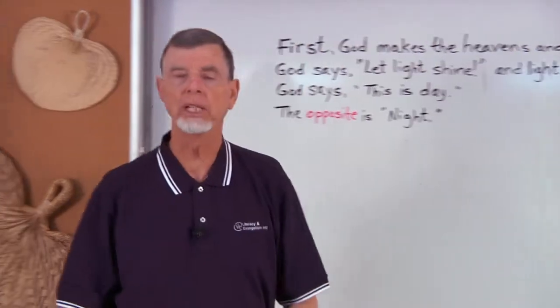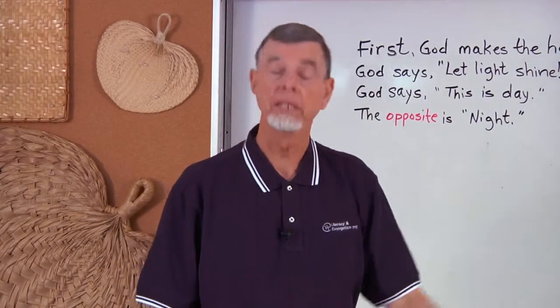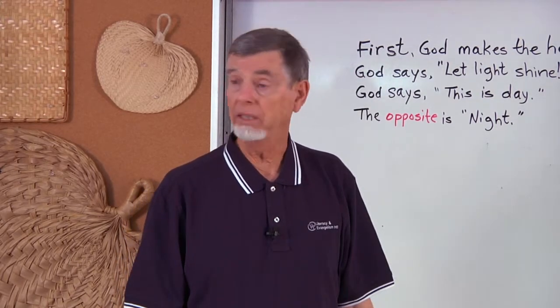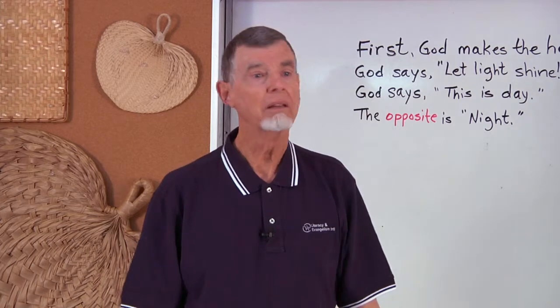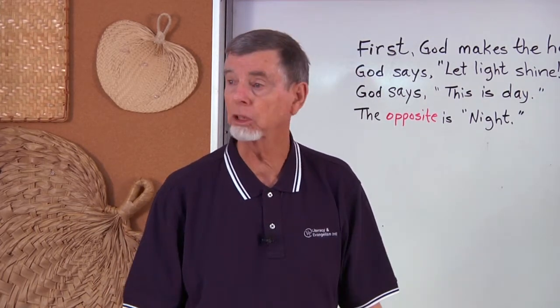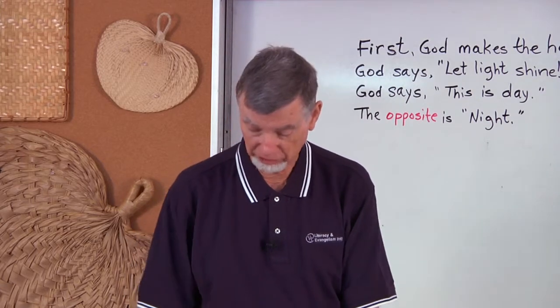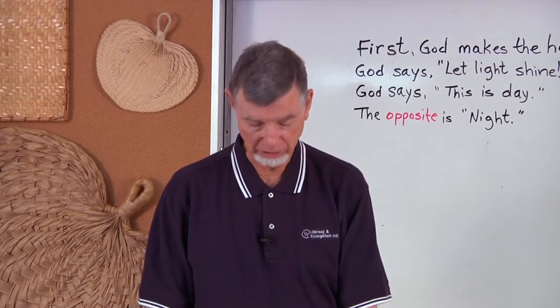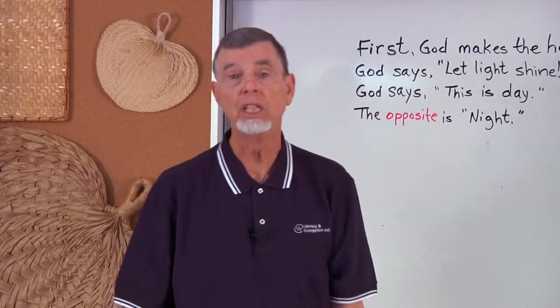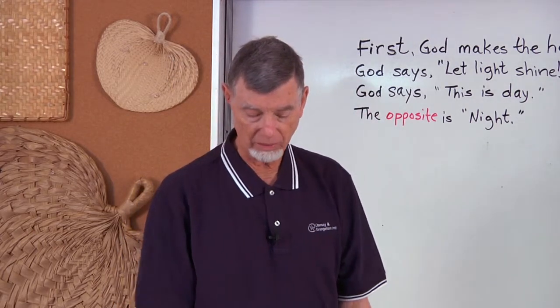And then you come back and say, okay, what does God make? Oh, He makes the heavens and earth. And if they need to understand what those words mean, then you have ample time to begin to show a picture or describe it. And there are pictures there in the book that will show a little bit, as you can see here on the page, about what the earth is.